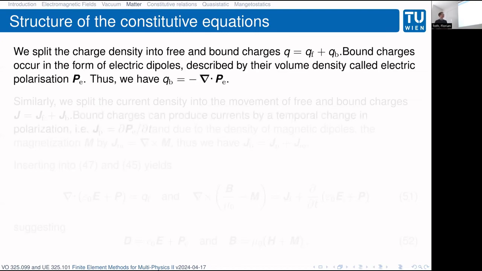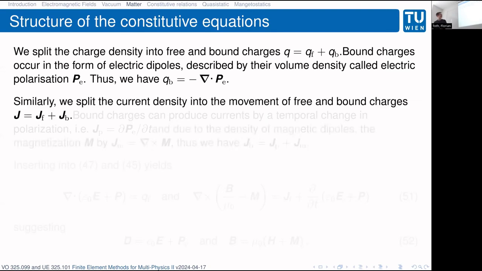So how can we have bound charges? We have encountered this, for example, in the piezoelectric materials already. There the polarization is made up by bound charges. And so the bound charges are described by the polarization of the material, and the definition is that the negative divergence of the polarization makes up the bound charges.